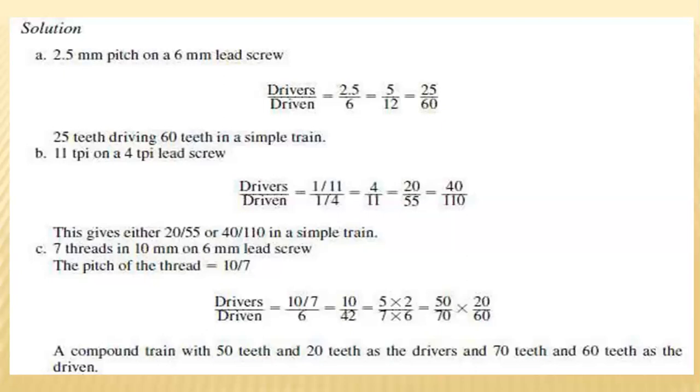And the third one is 7 threads in 10 mm on a 6 mm lead screw. Here the pitch is 10 by 7. So that will be the driver's point of view. Hence 10 by 7 by 6, 10 by 42, since 6 sevens are 42. That is 5 into 2 by 7 by 6. That is 50 by 70 into 20 by 60.